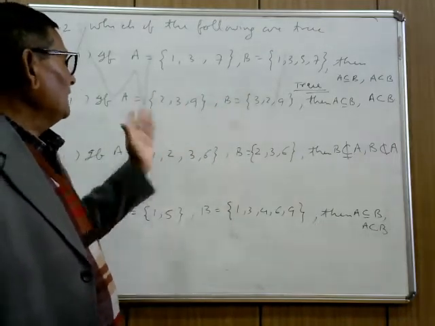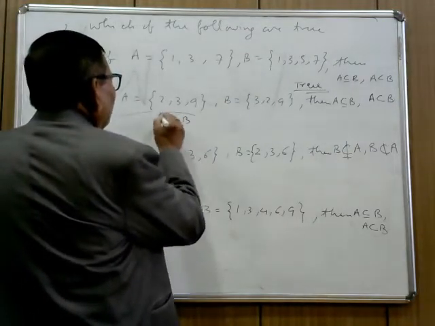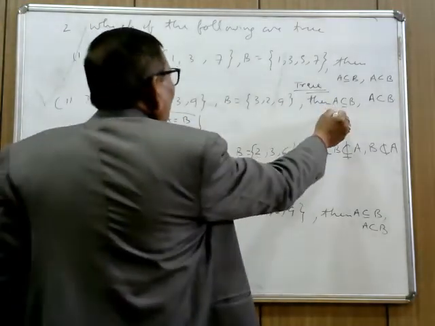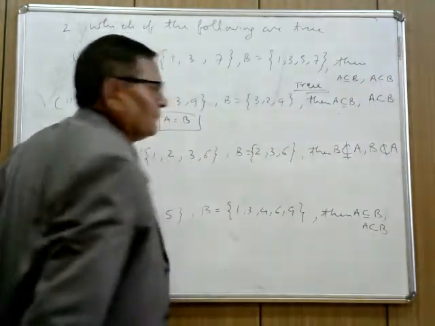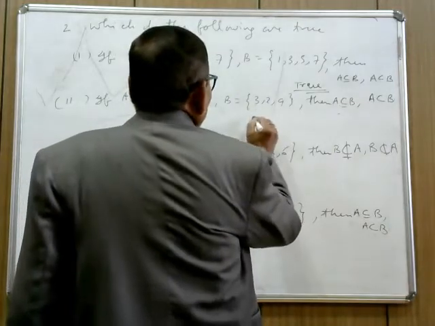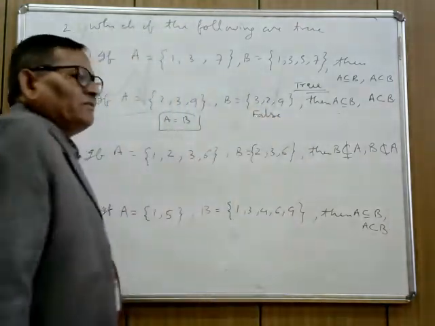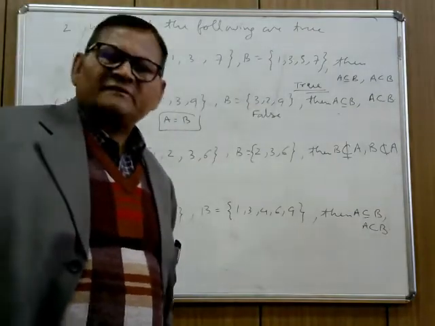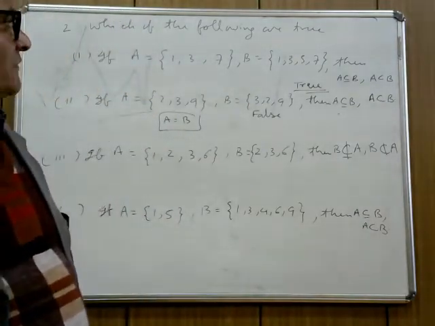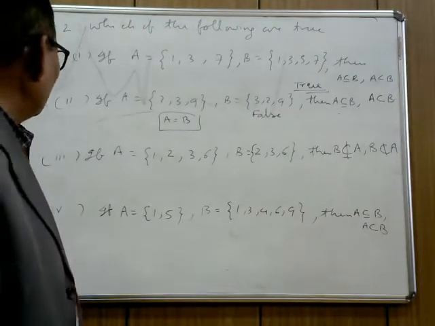So in this case, you find A and B are equal, but you are given that A is a subset of B. So in this way, you can say this statement is false, because the given sets follow the definition of equal sets, but we are given as a result that they are subsets. Therefore, this statement is false.